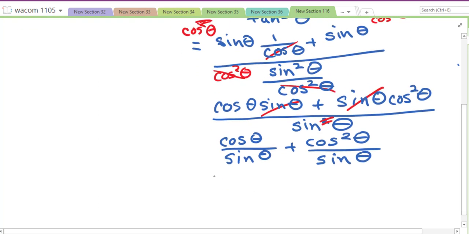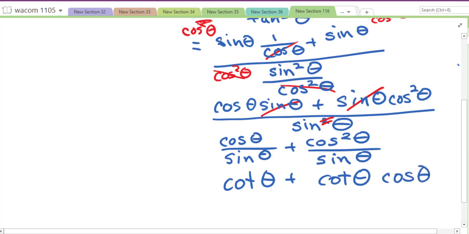Now let's switch to the other definitions for these. Cosine over sine of theta is cotangent theta, right? And if we only used just a cosine here instead of cosine squared, this would be cosine over sine, which would be cotangent theta, but we still have this cosine left, times a cosine of theta. So, pretty tricky. Okay.